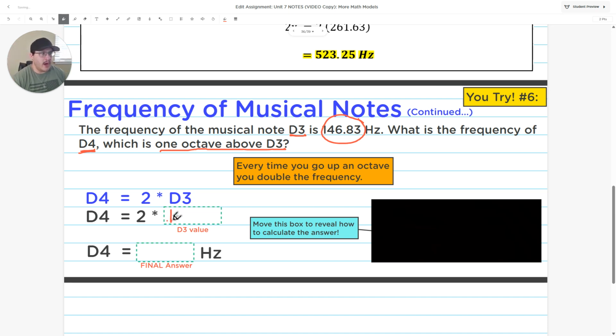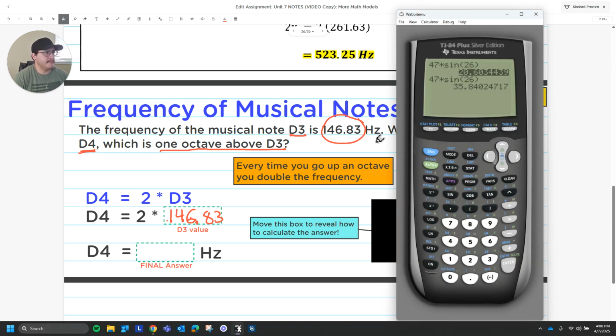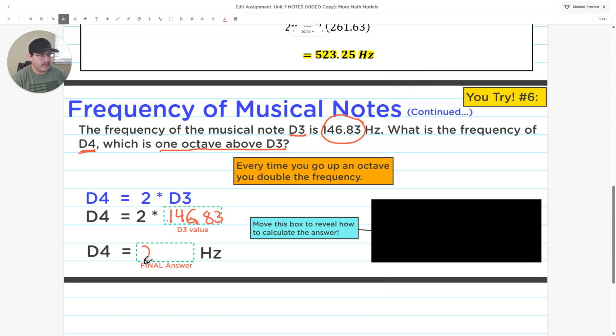So D3 I know is 146.83. I'm just going to multiply that value by 2. 146.83 multiplied by 2, and I have 293.66.